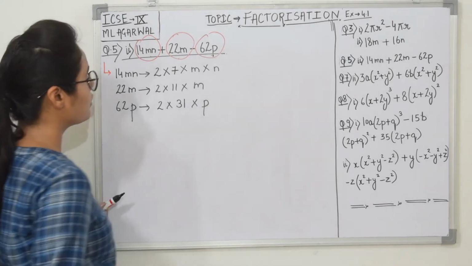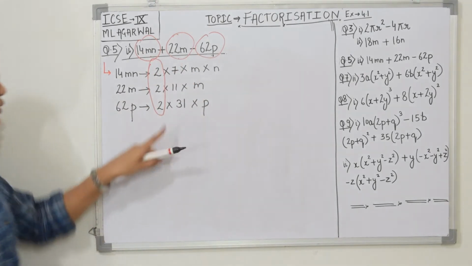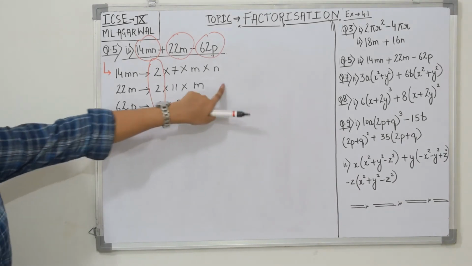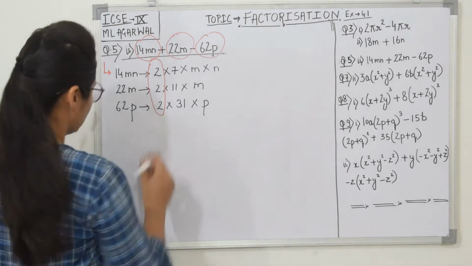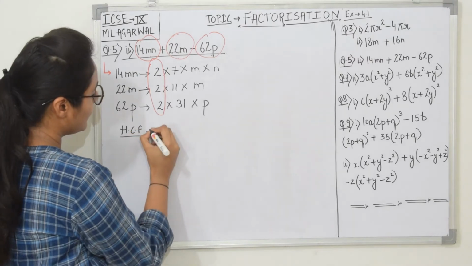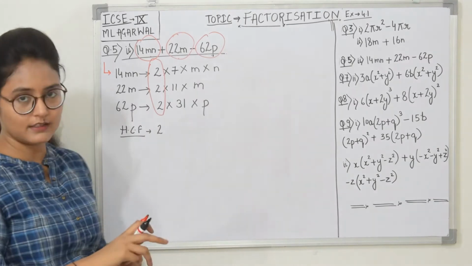Okay, so I have just done the factorization process. Now I am going to filter out the common terms. Here also we are getting only one thing in common, that is 2. We are not having m, n or p or any other factor here. So no doubt again HCF will be only 2 and you have to solve your question while taking this HCF only.